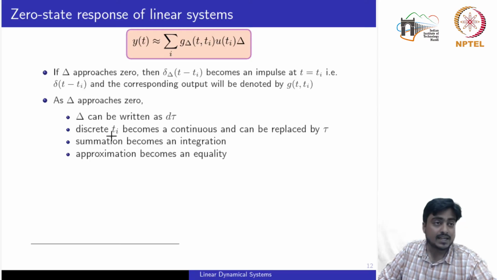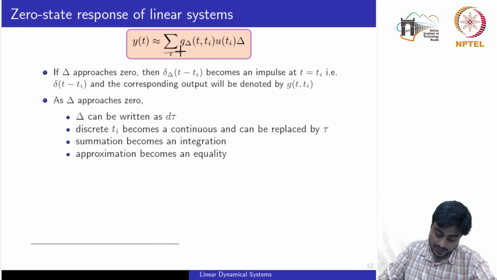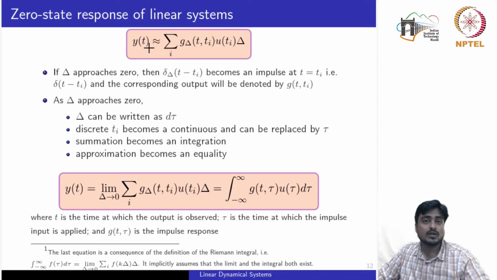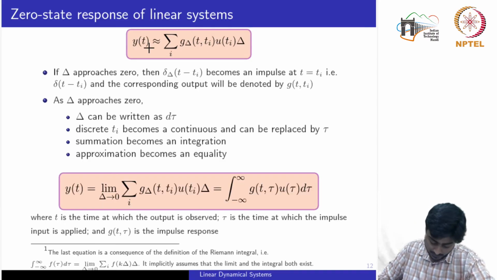Now all the discrete time instants t_i become continuous and can be replaced by the variable tau. This summation would become an integral, and this approximation in that case would become an equality. Basically this concept is obtained from the Riemann integral, which is defined by this equation.